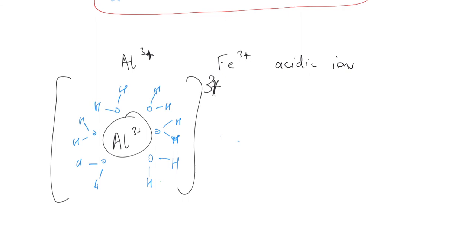All right, cool. So this now has the ability to donate protons, because if I add it with water now, one of these is going to fall off. So maybe this one here is going to fall off. So I'm going to end up with 5 water molecules and 1 OH-, and those are all going to still be there.